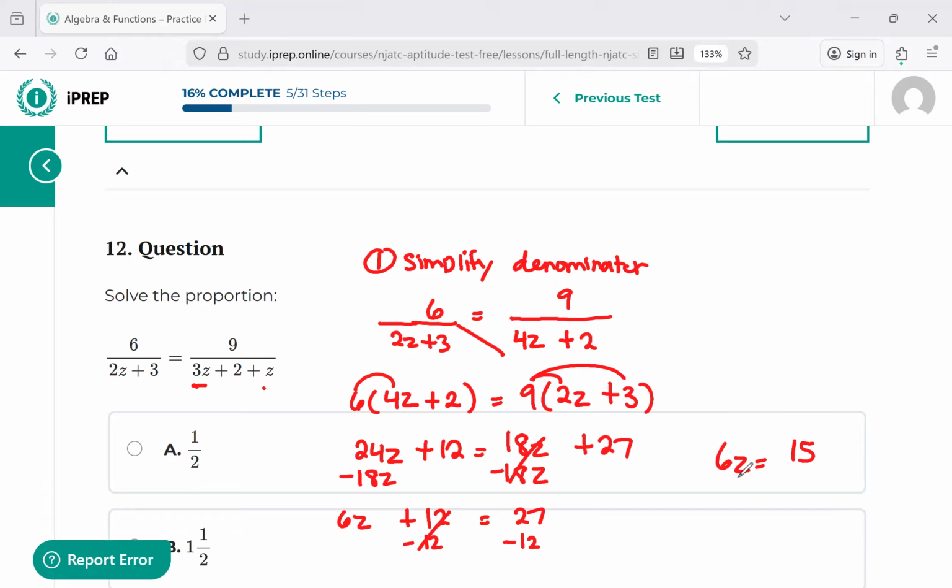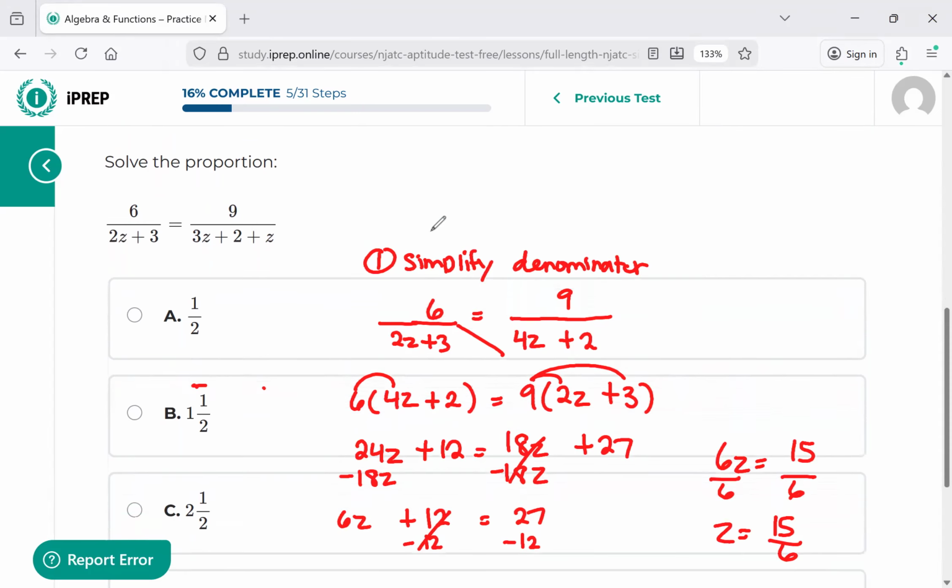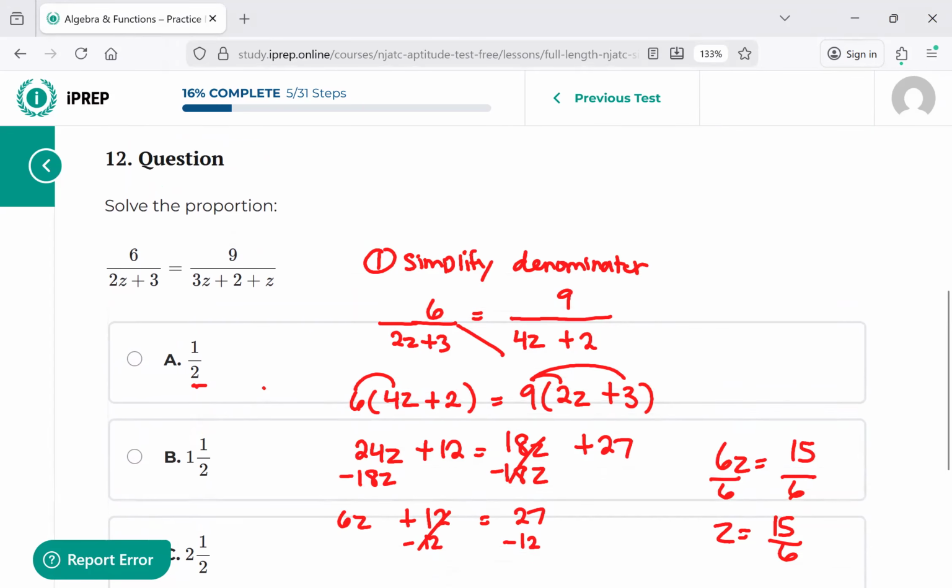And then solve for z by dividing both sides by 6. And you get 15/6. Oh, but if you look at all the choices, they're all mixed, right? See how you have a fraction that's mixed. We can make 15/6 a mixed number because it's improper. You just do the division. How many times is 6 going into 15? About twice.